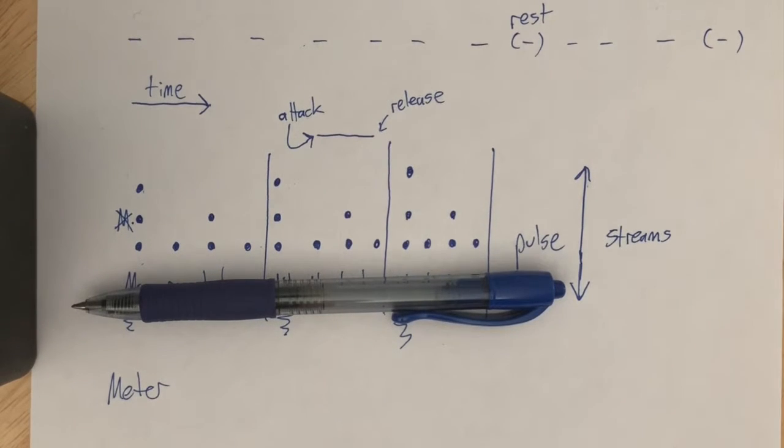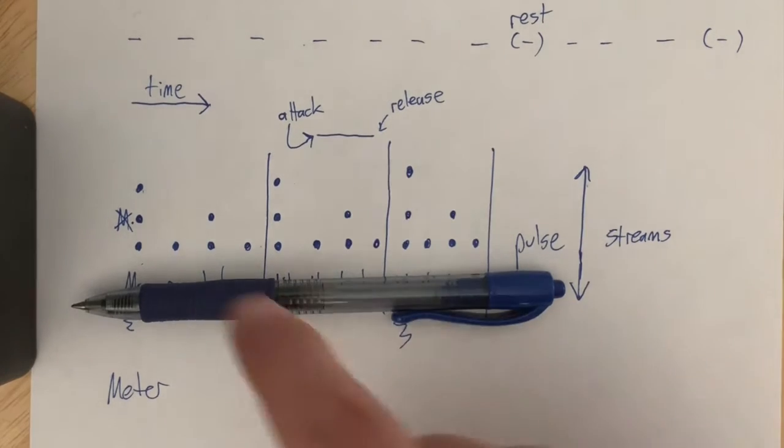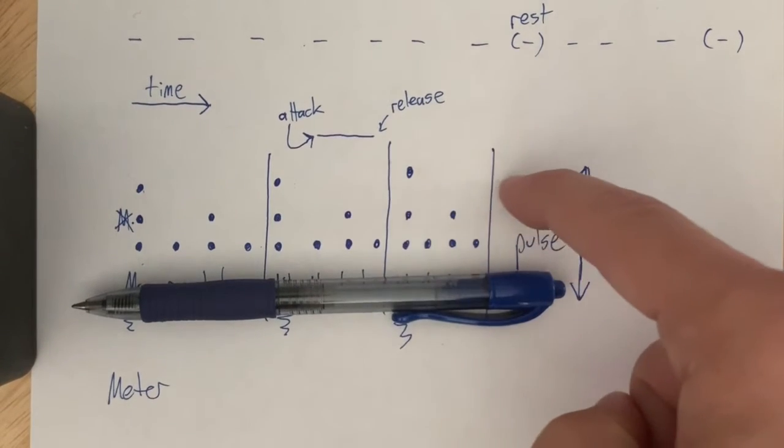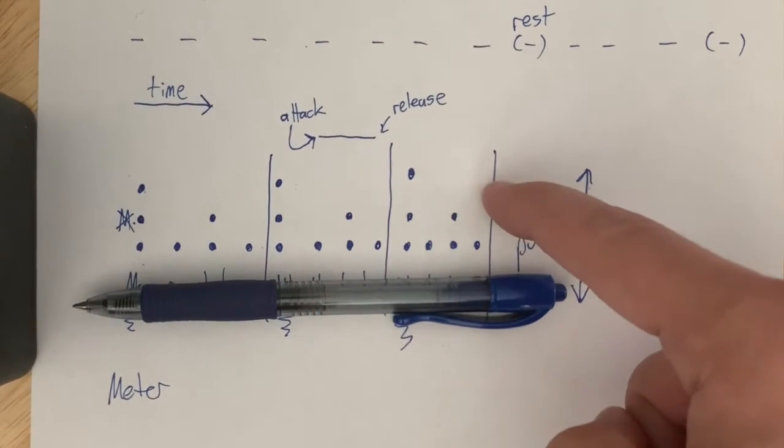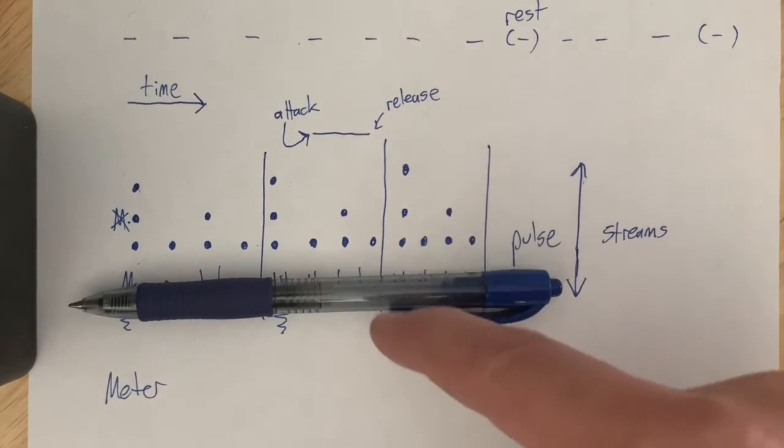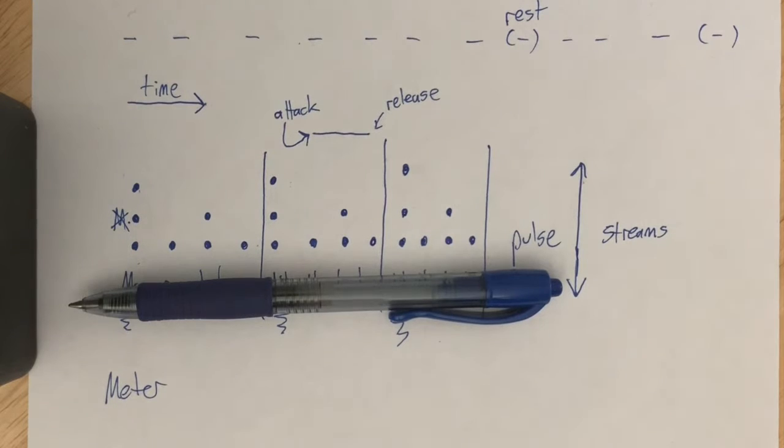And a lot of what we love is when the meter is being challenged by the actual notes. The way meter works, though, is it gives us this kind of rule, this guideline, and then the actual notes of the music can go against the guideline or go with the guideline.